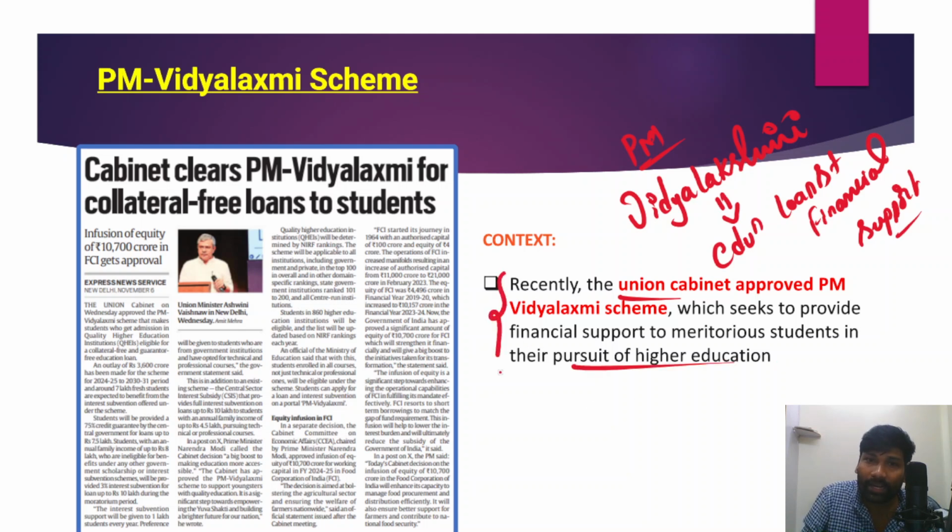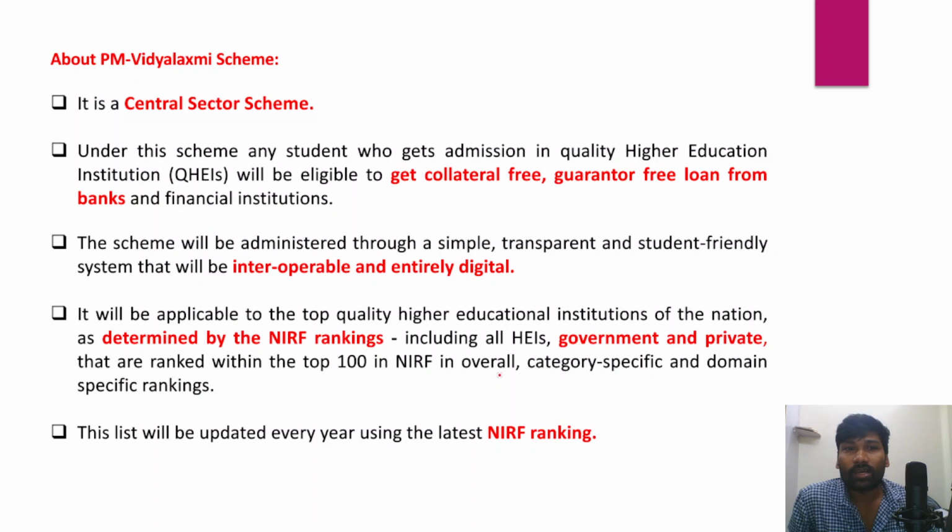Therefore, it will improve the gross enrollment ratio in higher education, right? That is the objective, because financial constraints are the reason that have been making a lot of students drop out from higher education or not even enroll into higher education.